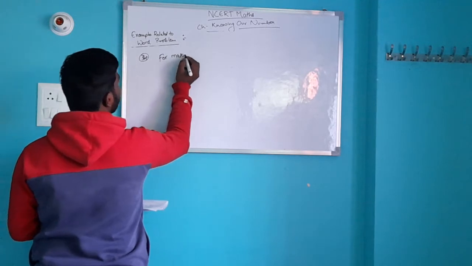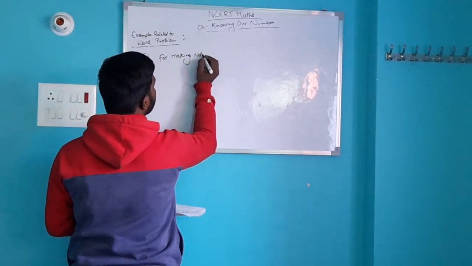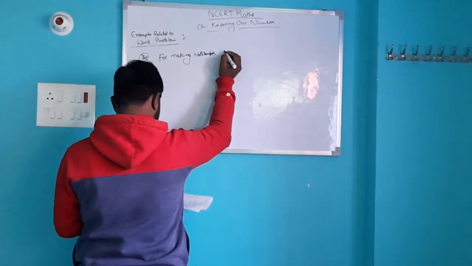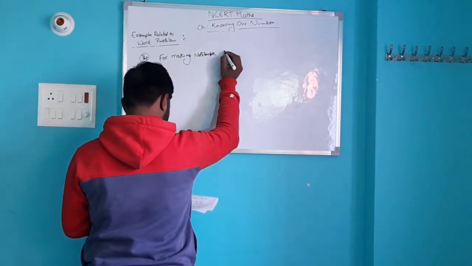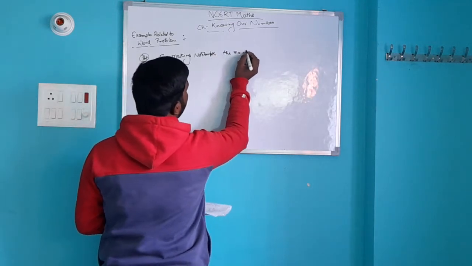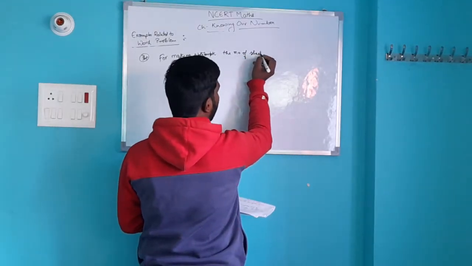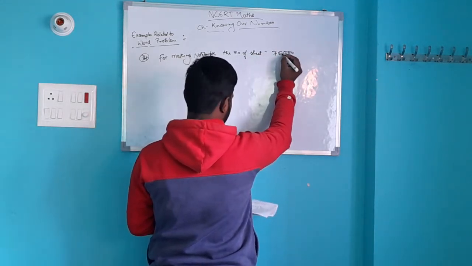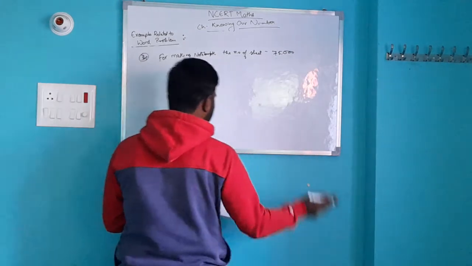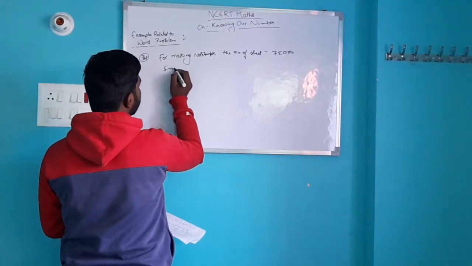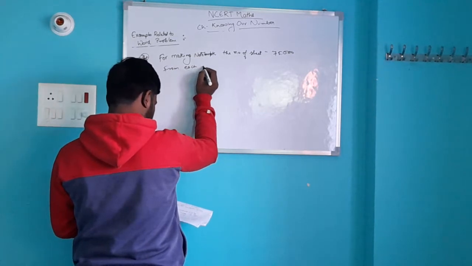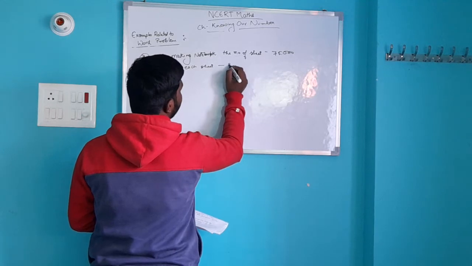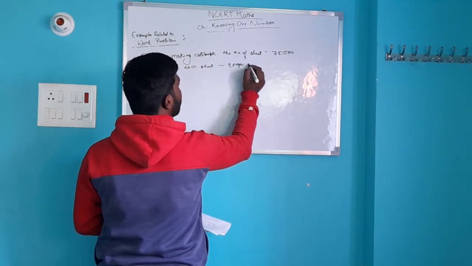For making notebooks, the number of sheets are 75,000. From each sheet, 8 pages are made.